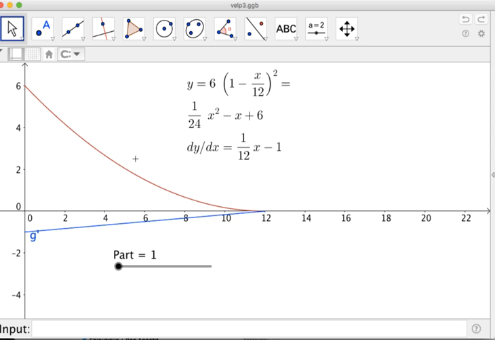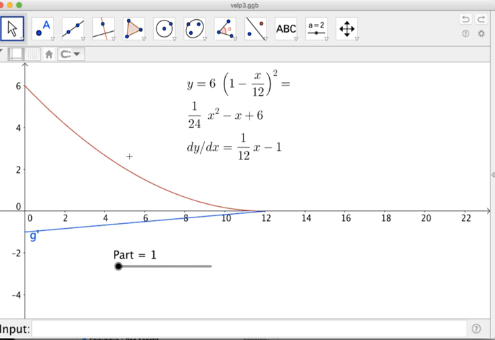This red graph is the function, and it shows the height of the water over the 12-second period of time. We can see that it was draining the fastest at the beginning, and then the slope flattened as we moved closer to the 12-second mark. At 12 seconds, the height of the water reached 0, which means the tank had been emptied.